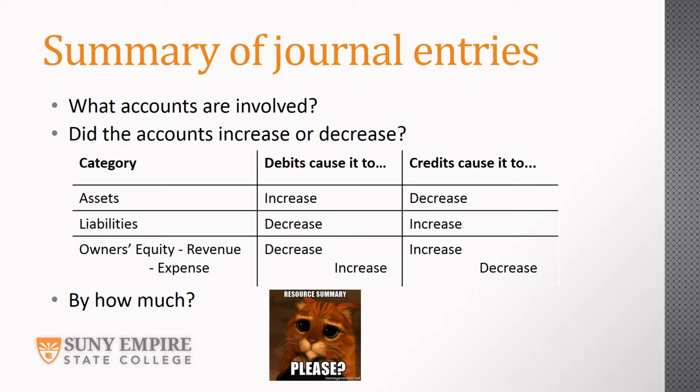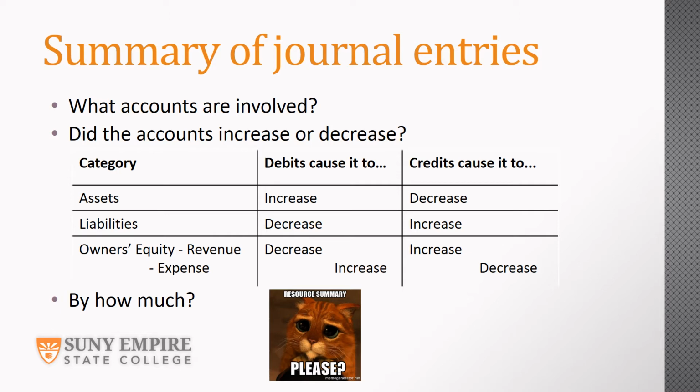This will also help us figure out whether to enter the amount as a debit or a credit. Recall that any asset account increases with debits, decreases with credits. Liability accounts increase with credits and decrease with debits.